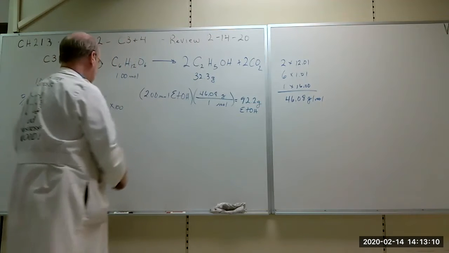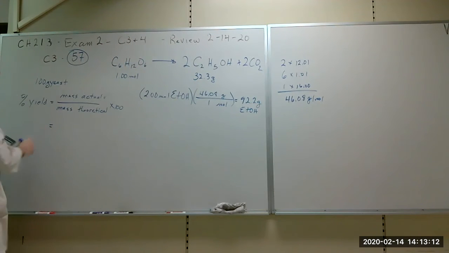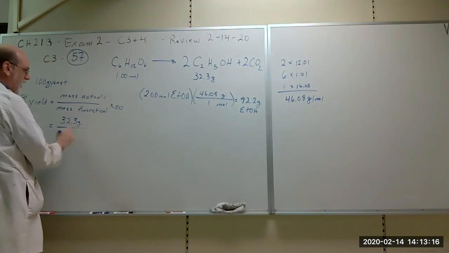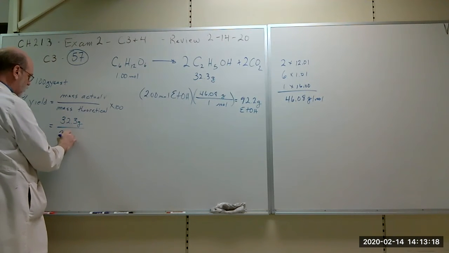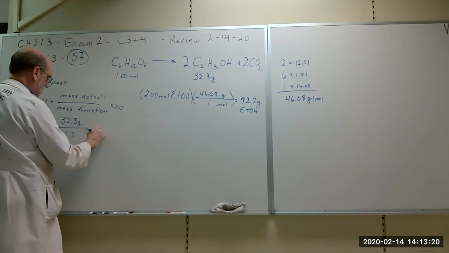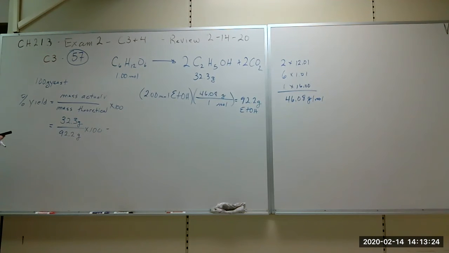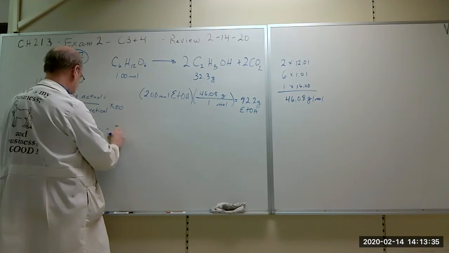And that's the actual amount. So now all we have to do is just plug it into the formula. 32.3 grams divided by 92.2 times 100. So I get roughly 35%.